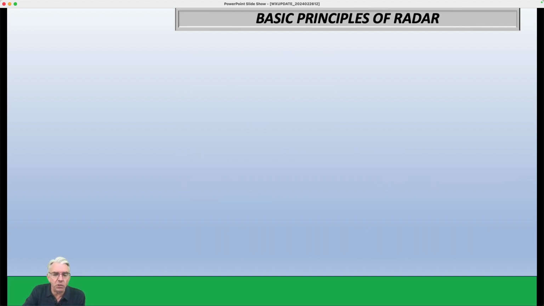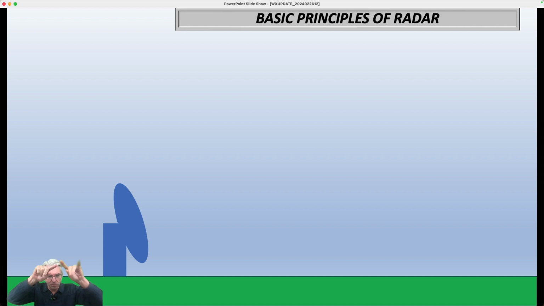Okay, so here's just a graphical way to represent that, and this is my poor man's representation of a radar, okay? It's actually more of a circular dome, if you will, and then inside of that dome you have the radar that is spinning around, and as it spins around it's sending out pulses in all directions, okay?